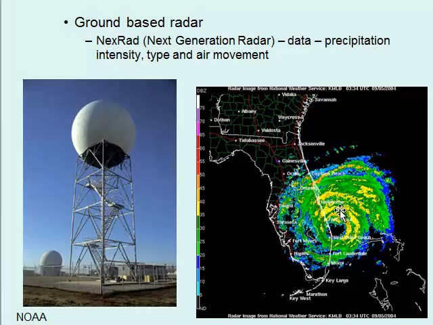So it produces images like this. This data is collected and run through some pretty intense computers to produce these images, and this is all data that's being recorded, and then that information can be used to track where these storms may go based on where it is headed.